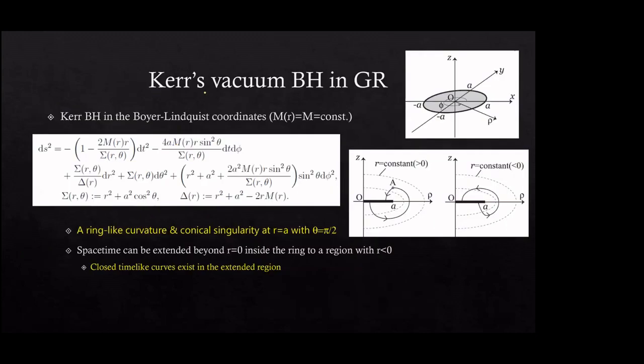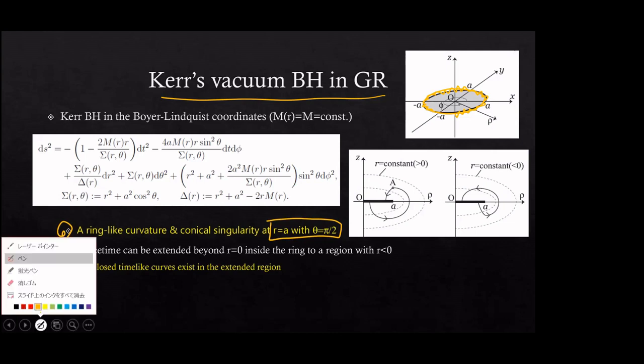And in the Kerr case, in general relativity, we know that there is a ring-like curvature and conical singularity at r = a with theta = pi/2. So it's like this. And in general relativity, this is a curvature singularity. And the space-time can be extended beyond r = 0 inside the ring to the region with negative r.